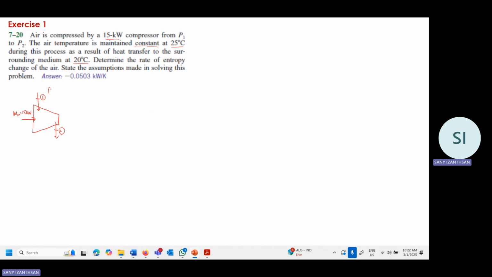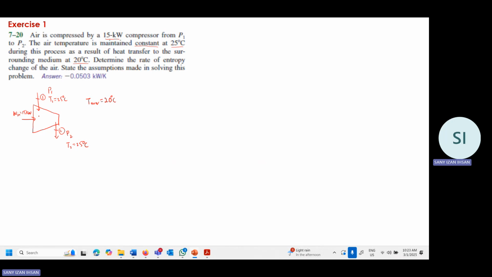We have P1 and P2, which is not given. We know the temperature remains constant throughout the process, so T1 equals 25 degrees C, T2 equals 25 degrees Celsius, no change in the temperature during the process. And T surrounding is 20 degrees Celsius. So basically that would be the situation that we have.